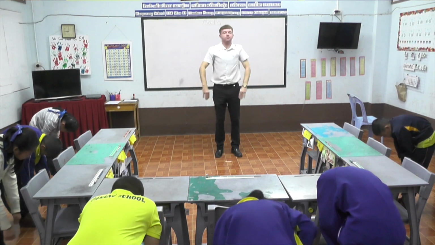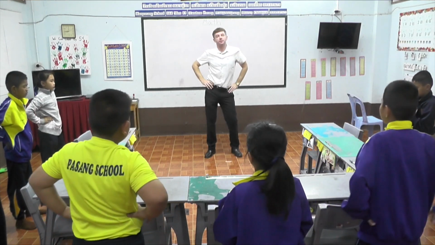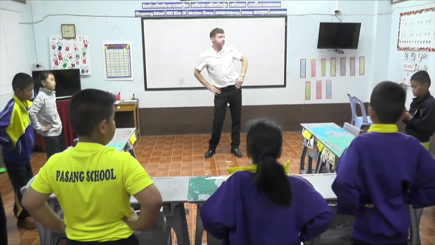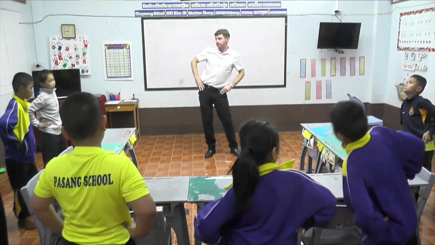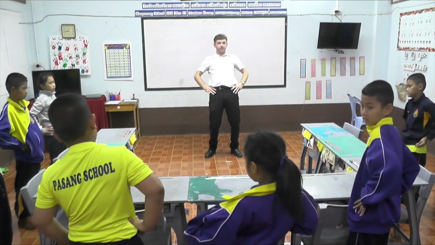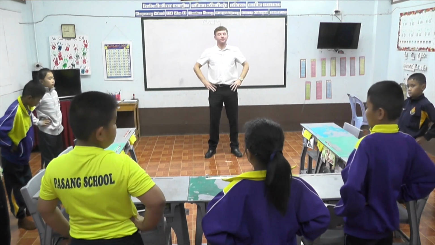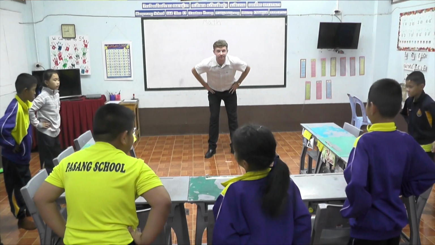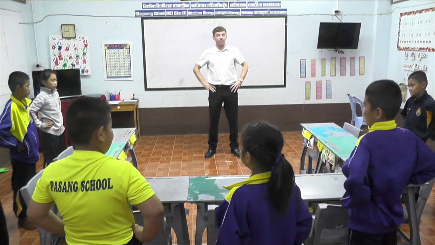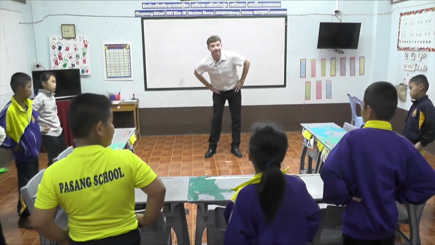And now, hands on hips. Let's give a wiggle. Stop. Give another little wiggle. Stop. Forwards. Backwards, forwards, backwards, forwards, backwards. Stop. And we go round and round. Round and round.